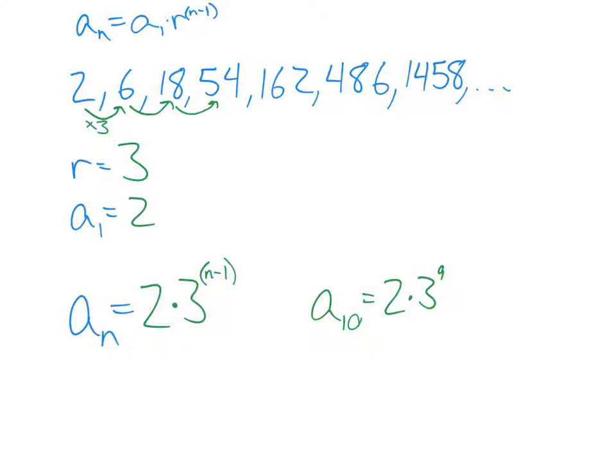So that's how we would work with the geometric sequences. That's the basic thing that you guys need to be able to do, okay? Arithmetic and geometric sequences. If I give you terms in a sequence, you should be able to identify which type of sequence it is.